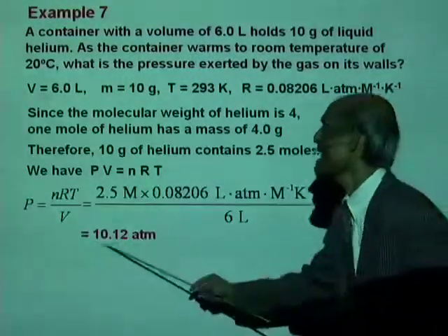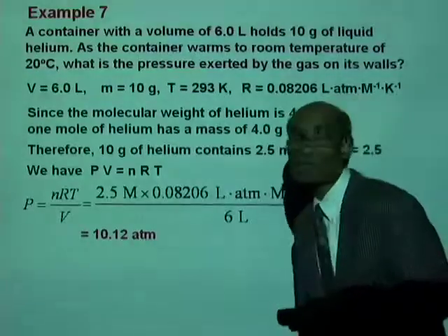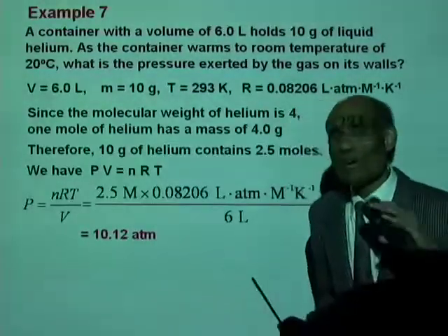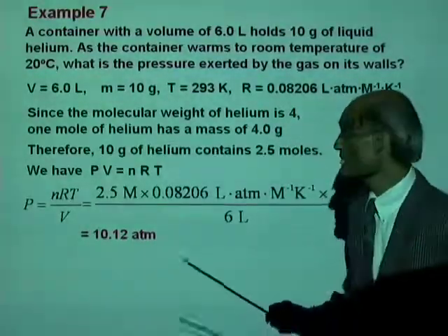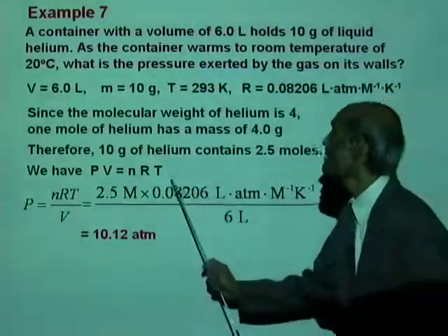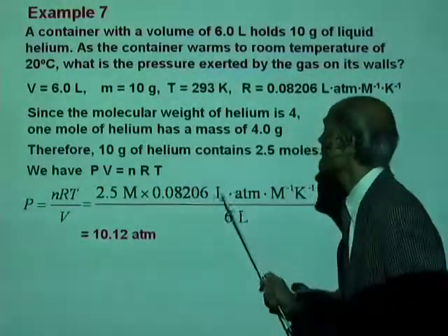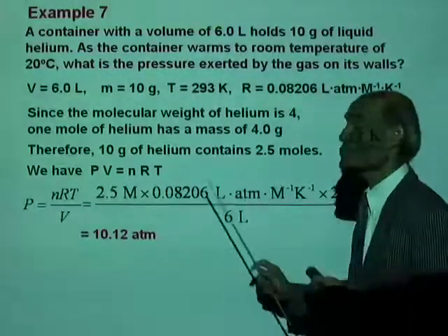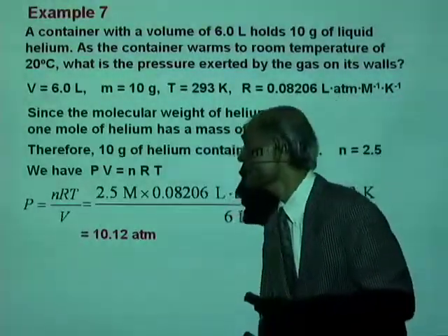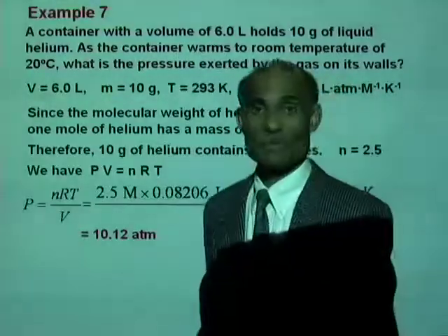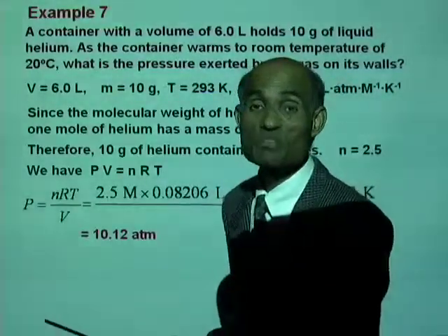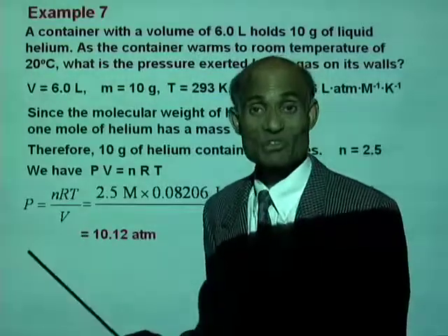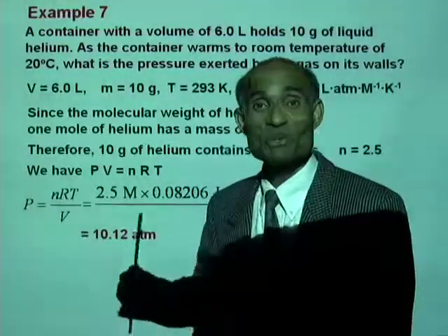That gives you 10.12 atmosphere. Why is the pressure measured in atmosphere? Because we use the value of R in liter atmosphere per mole per Kelvin. So the calculated pressure will be in atmospheres. But you must be able to do any such problems using the gas laws and the ideal gas law.